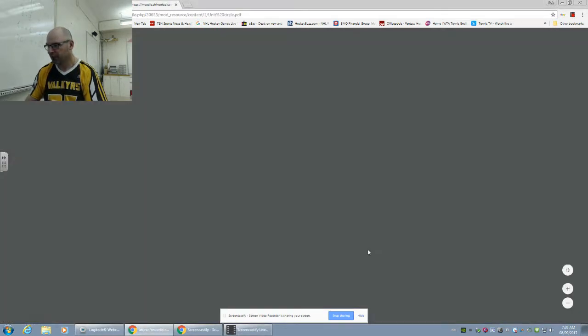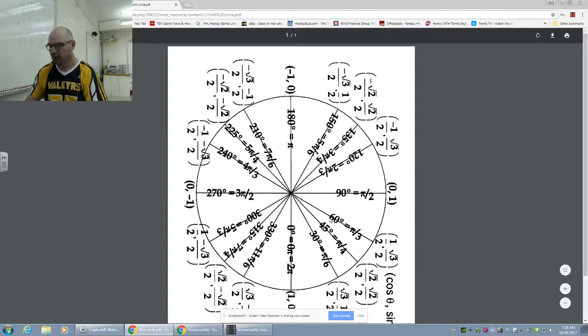Here we have this sideways, but as you go around the circle, the 90 degrees should be up here. It's in landscape form, but this is what we're going to derive today: all the special angles, all the 30, 60, 90 angles in each quadrant, and what their exact values will be around the unit circle. So we're going to look at that today.